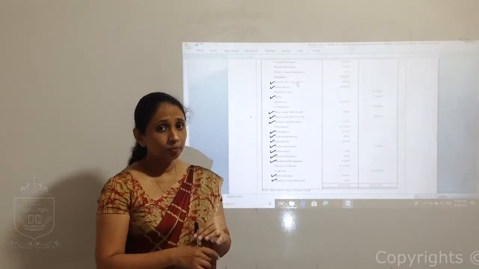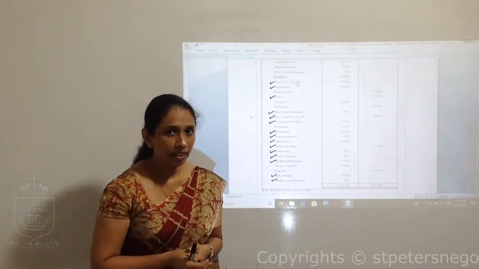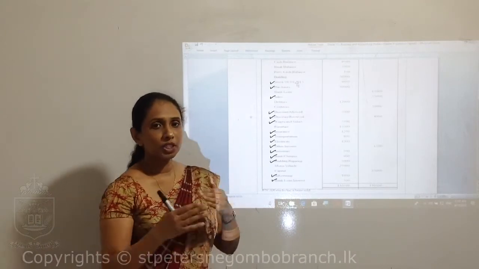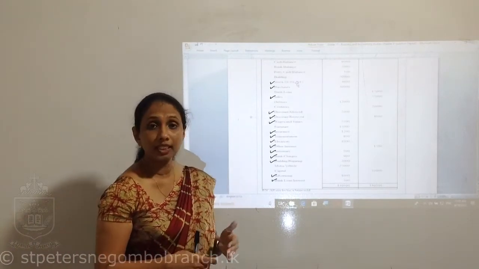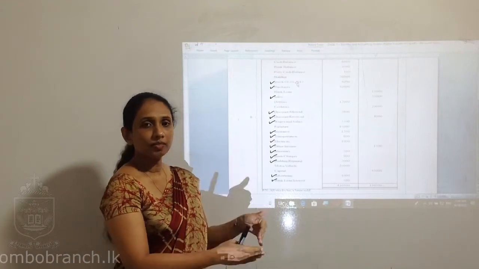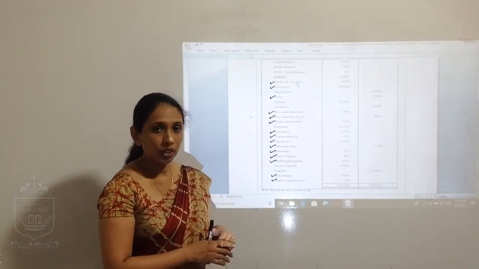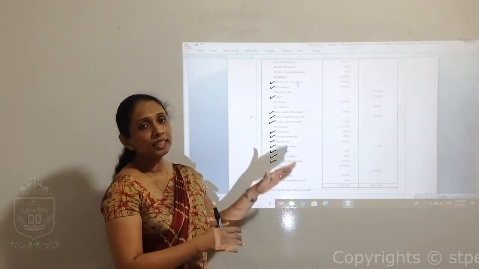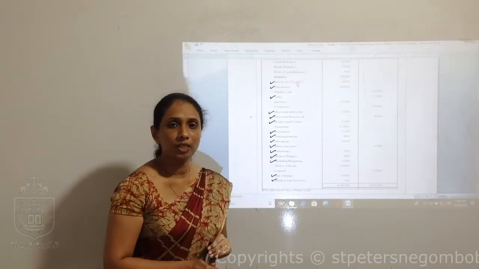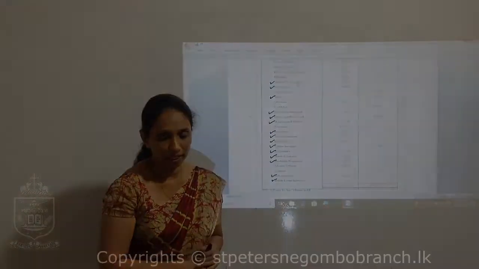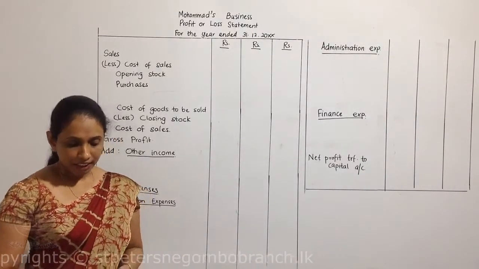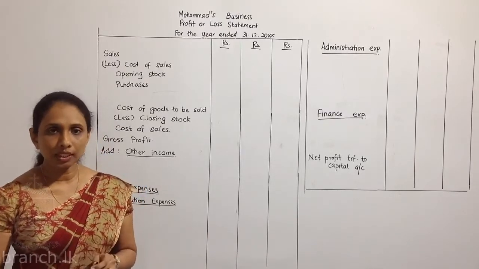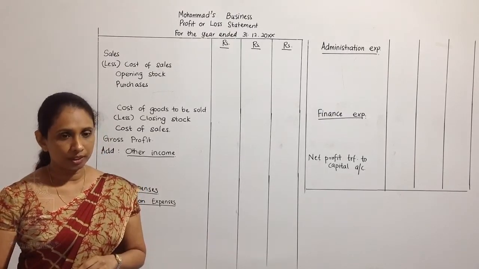So based on that, what do we have to do next? Once we read the trial balance, read the question, read all the information, and having read the requirement, we will straight away go to the format. We'll set up the format first, and then come back to the information given in the question and start filling the format. While reading the question, it's better that we mark the line items which will come under the profit or loss statement.